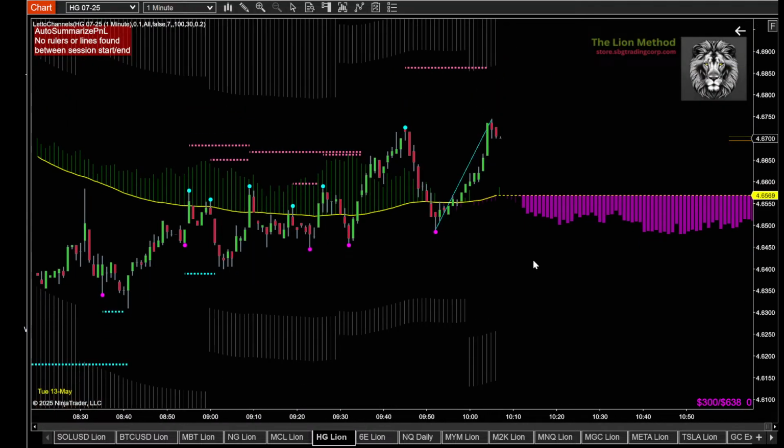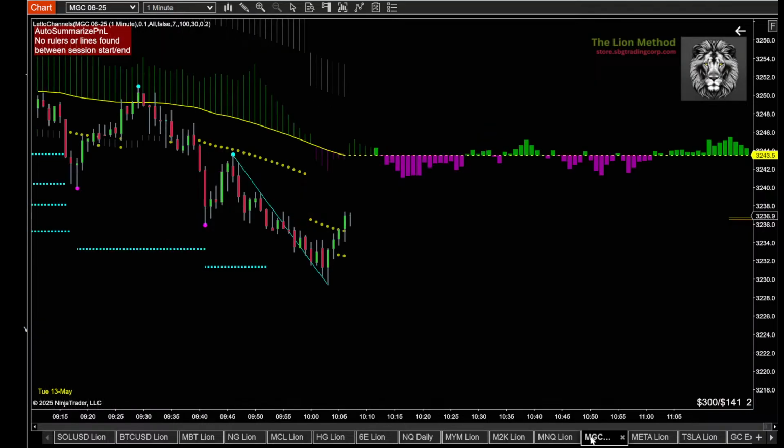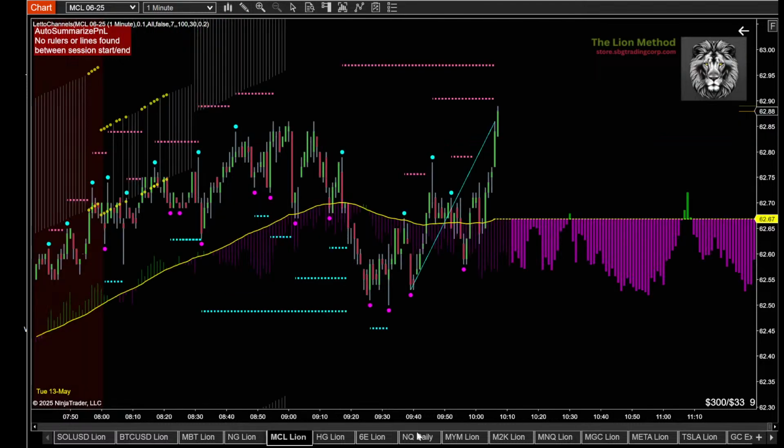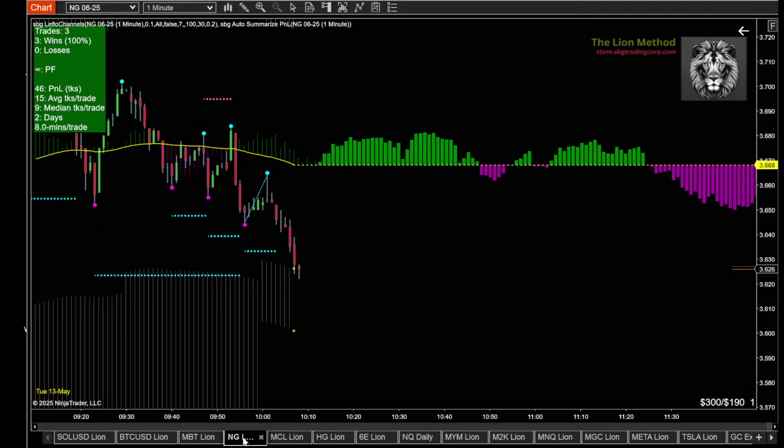Guys, we don't have any excitement in these markets. Nothing. Only one. MCL is hovering around the 100 with occasional spurts.